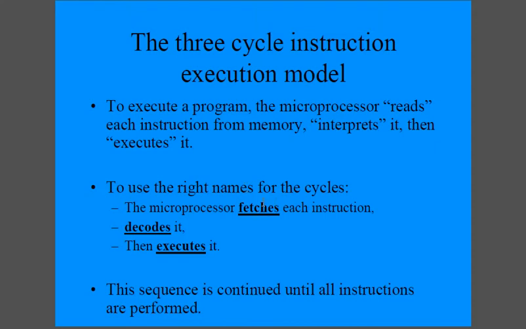That is the fetch cycle, where it will fetch the instruction and bring it back to the processor and store it inside the instruction register, and then it will decode it. After it decodes it, the processor knows what to do based on the opcode that it fetched, and then based on the decoding it can execute. So these are the three basic cycles in the instruction execution model: fetch, decode, and also execute.